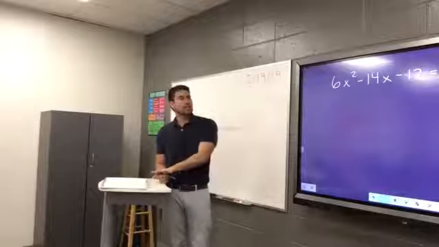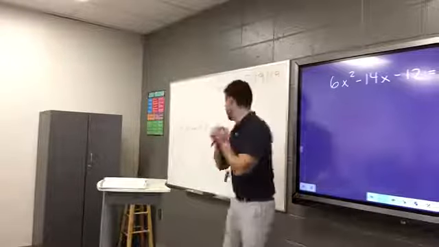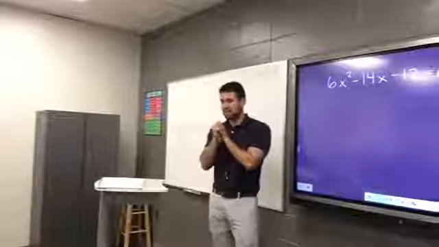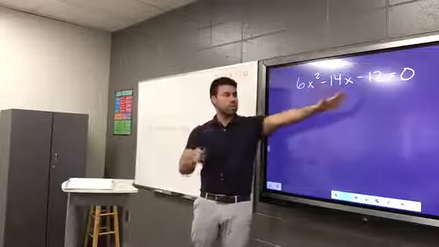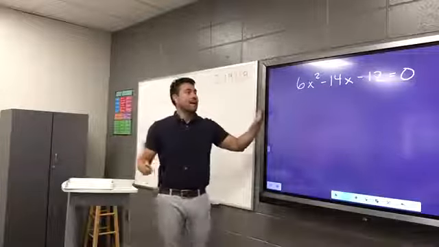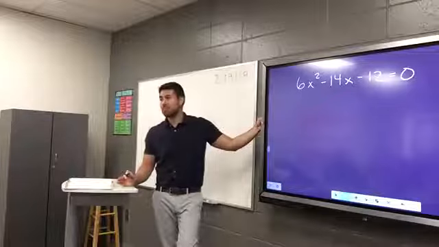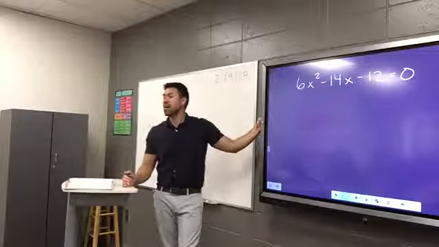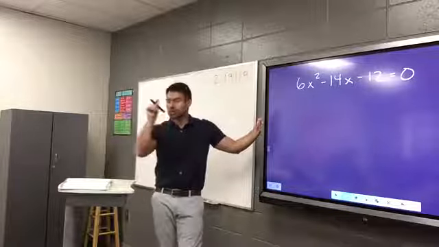All right, look at this problem here. Is it in standard form? Yes. It's ax squared plus bx plus c equals 0. We're good. On your test, the only instruction I gave you, really, was factor completely, which means some of you missed points for little things.